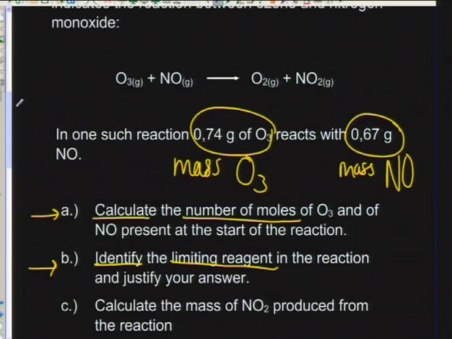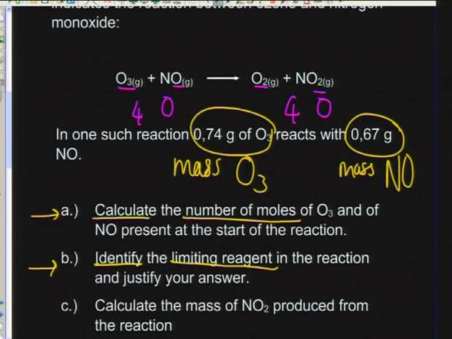We had no balancing numbers in the front. Oxygen: 3 plus 1 gives me 4 oxygens on the left-hand side. 2 plus 2 also gives me 4 oxygens on the right-hand side. And 1 nitrogen, 1 nitrogen. This is balanced.